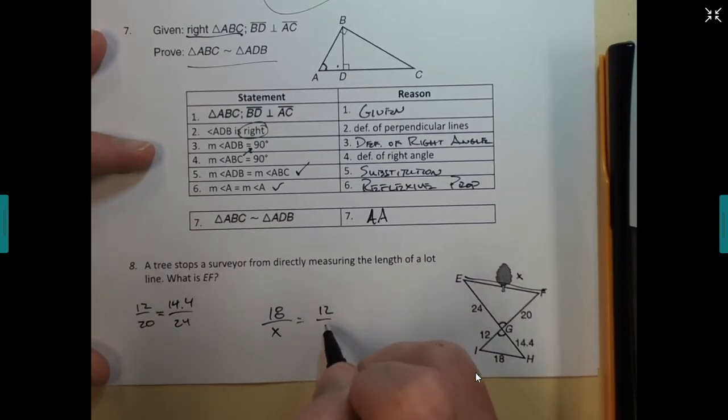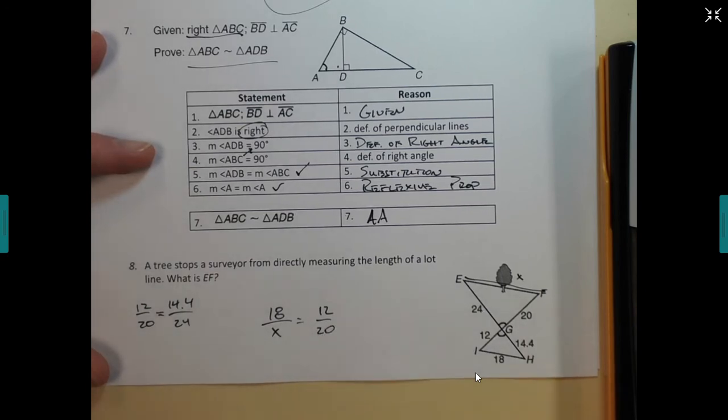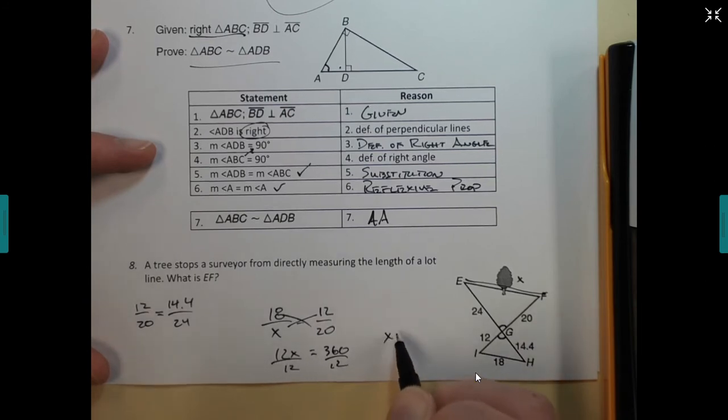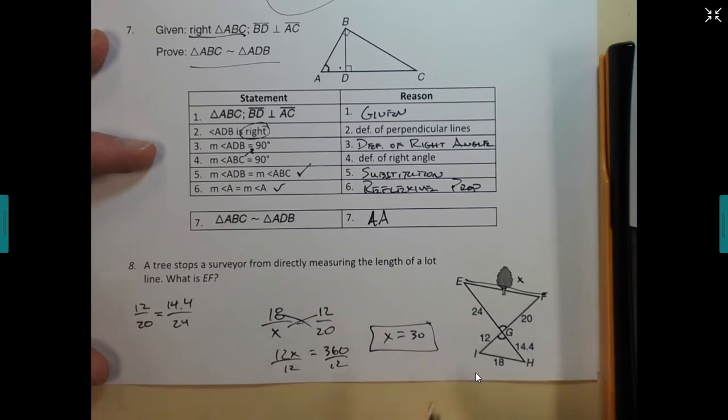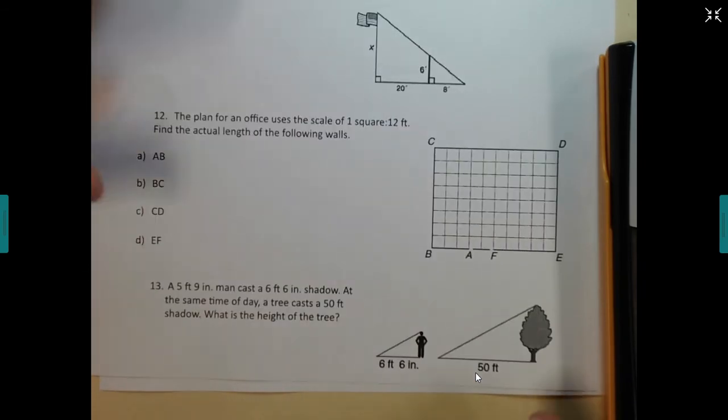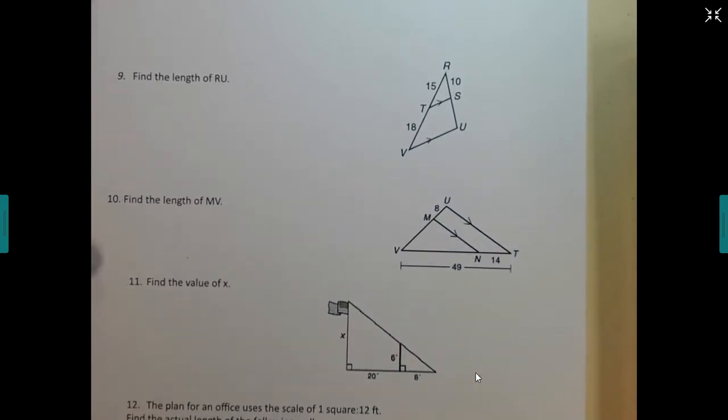I'm just going to use one of those to finish this proportion and solve for X. 12X equals 360, divided by 12, and X is 30. We're doing good, kids. We're doing good.